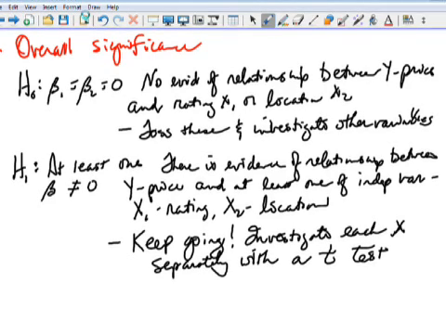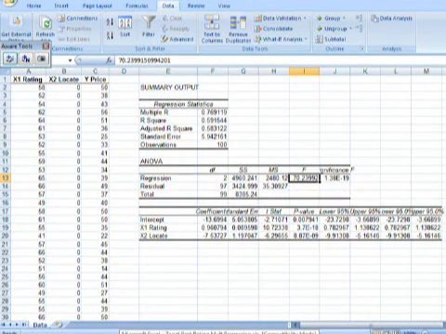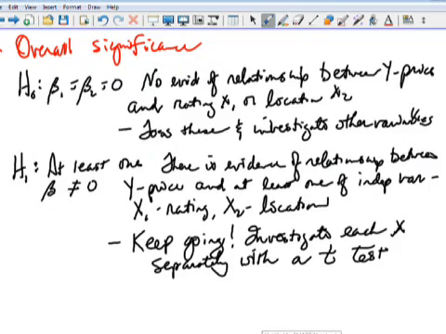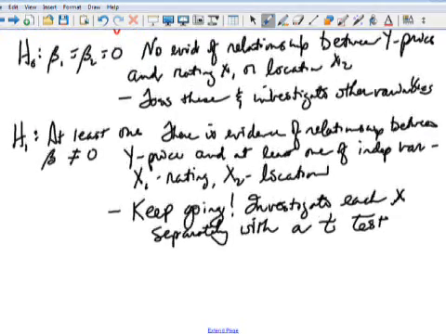Again, I'm going to do this from a shortcut perspective, so if we go back to Excel we've already taken a quick look, but let's look again. F, the overall significance level, F, is 70.23. That is a big F. It is way beyond what we would expect our rule of thumb to be for a reject region of around 5.